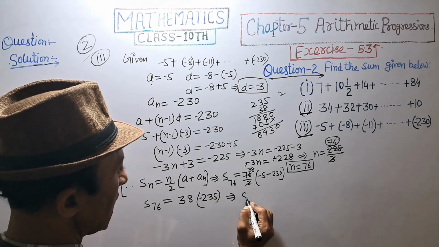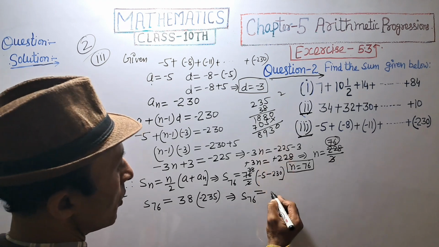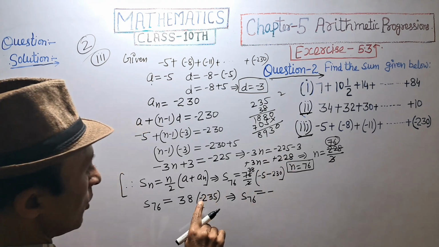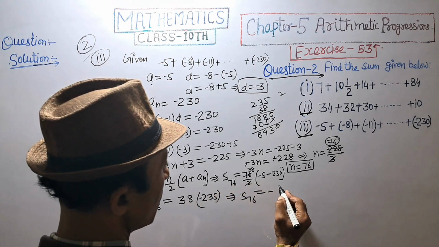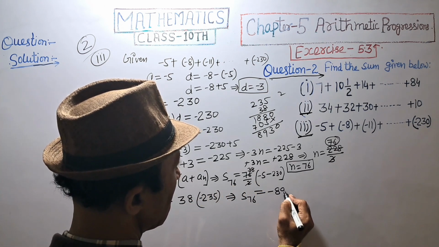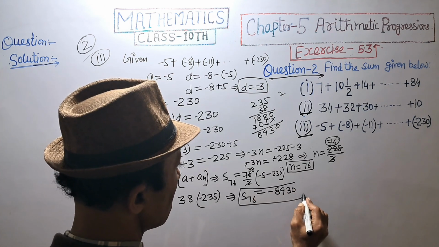This implies S76 is equal to minus times plus, that gives negative value 8930.